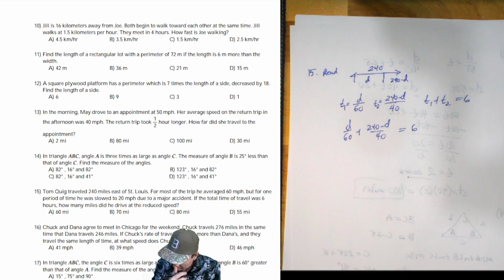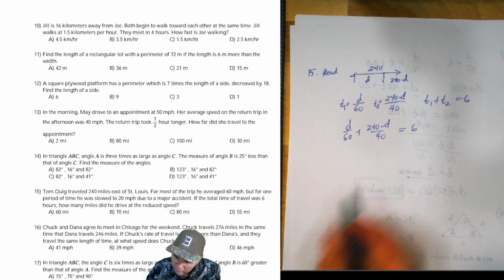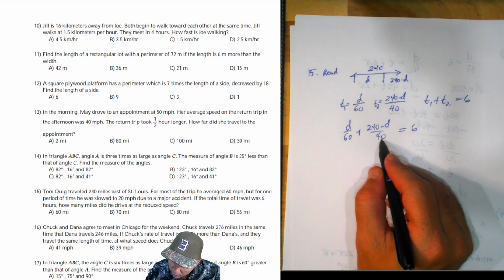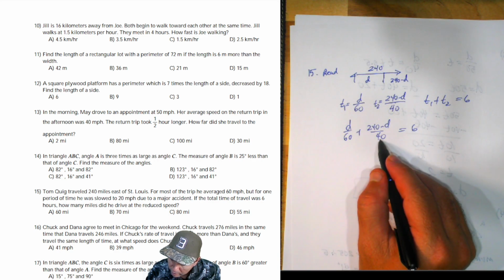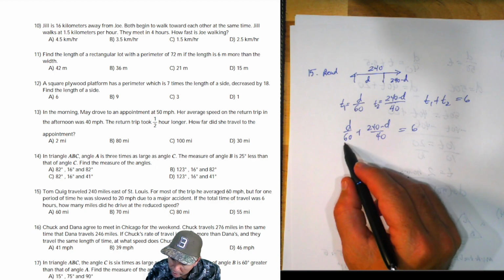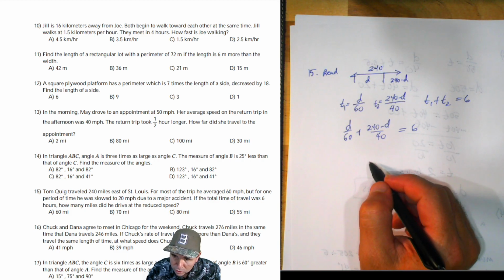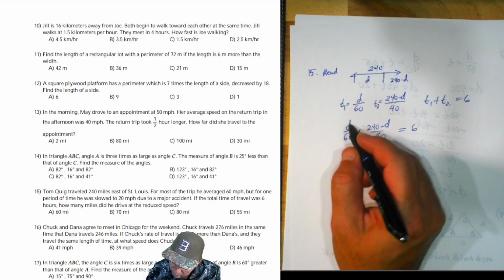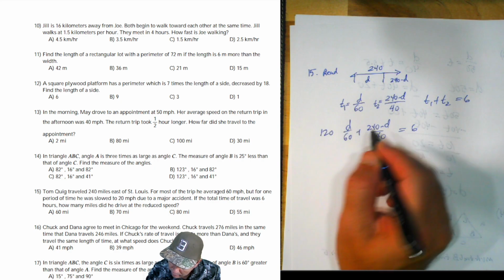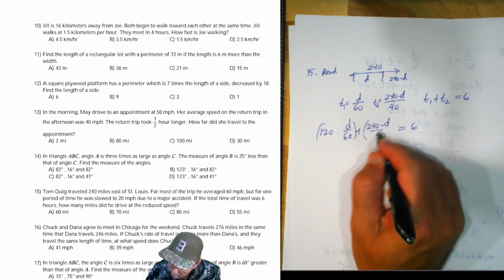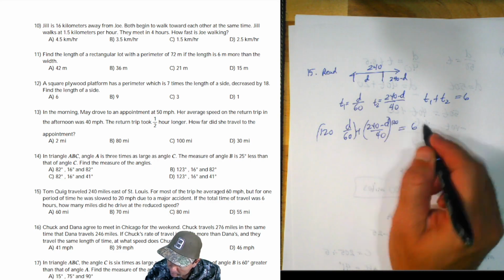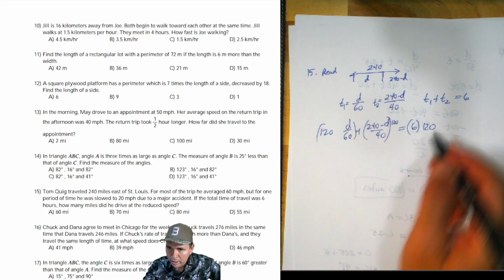What I want to do here is multiply everything so that I can get rid of the denominators. You see how I have a 60 here and a 40 here? The common denominator for them is 120. So if I multiply this by 120, and this by 120, and this by 120, I should get it really nice.